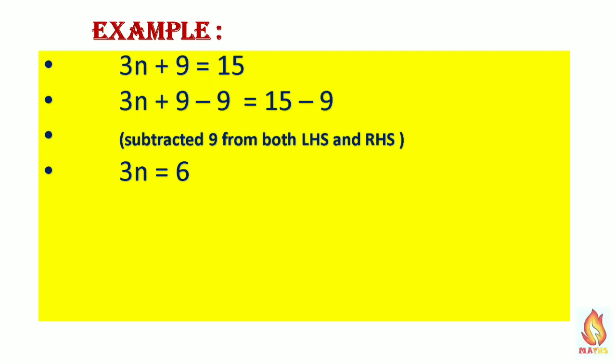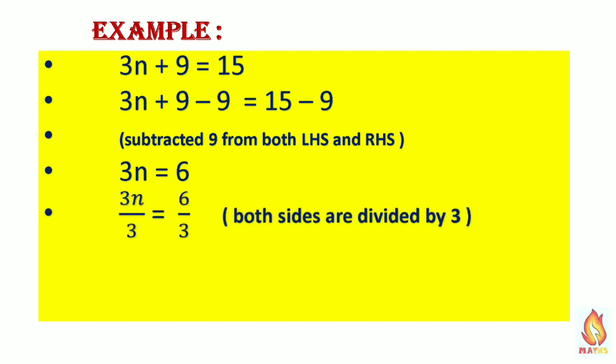Now 3n = 6. Here 3 is the constant part and n is the variable part. We want to keep only the variable in the LHS part, so now we have to remove 3. How do we remove 3? 3 is multiplied by n, so if we divide by 3, then we can remove 3.